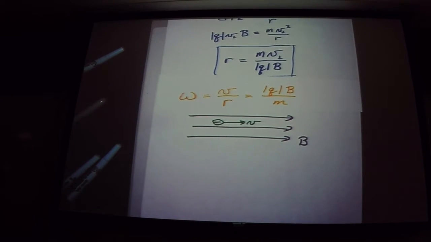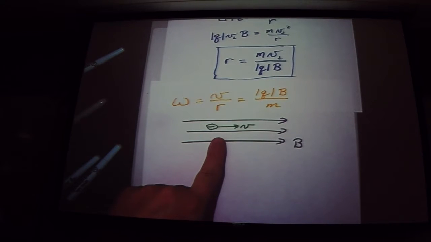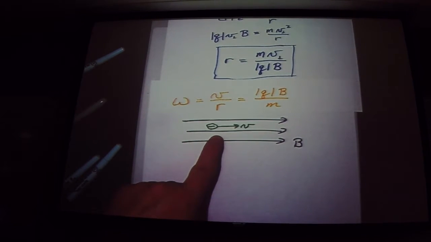So what kind of motion do we get for the parallel velocity here? Well, what's the force on this? It's zero, because the velocity is parallel to the field. So theta is 0, therefore the force is 0.